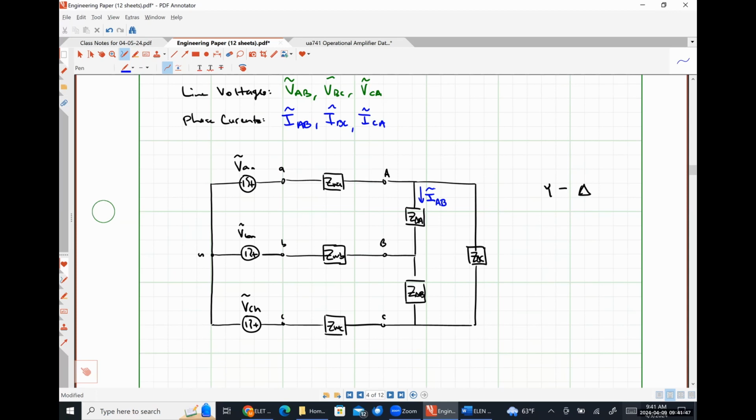So it's a phase current because it's flowing through one phase of the load, okay? What about this current, ICC? That's a line current because it's flowing through the transmission line. Absolutely correct, right?